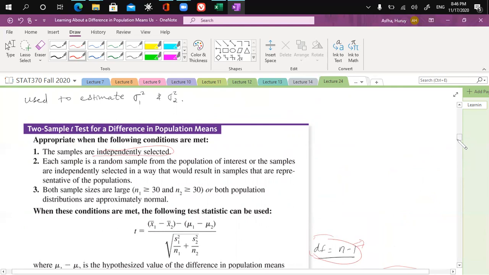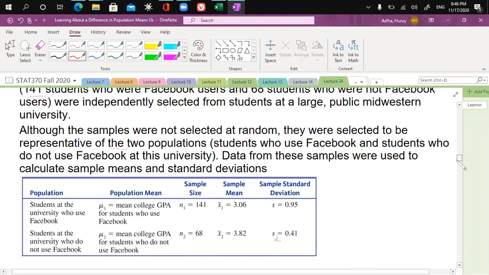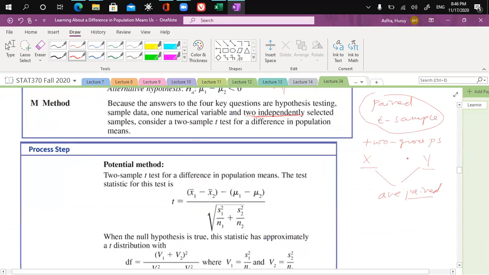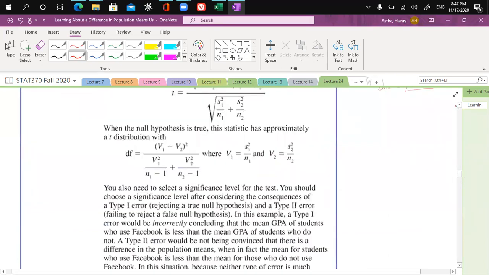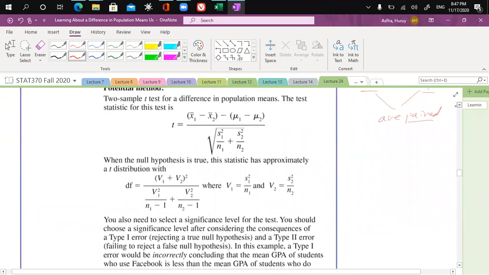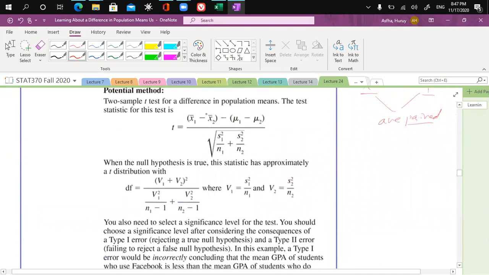All right, so assuming they are independent, then our potential method is given by this t-test statistic. When the null hypothesis is true, this test statistic follows a t-distribution with this complicated formula for the degrees of freedom.